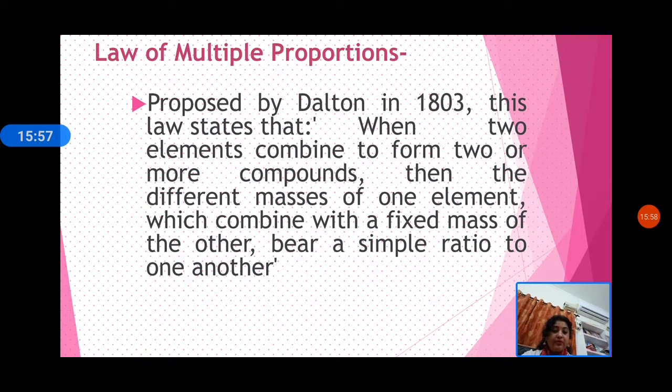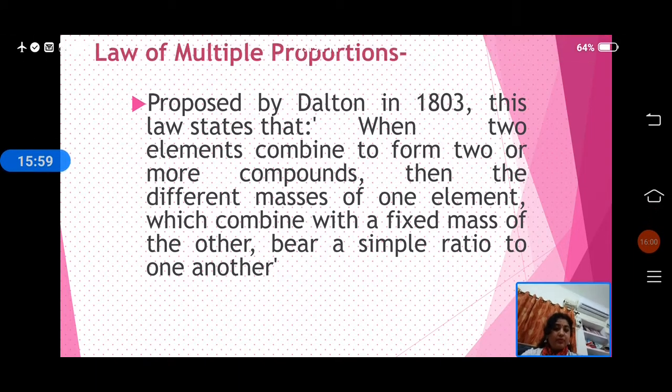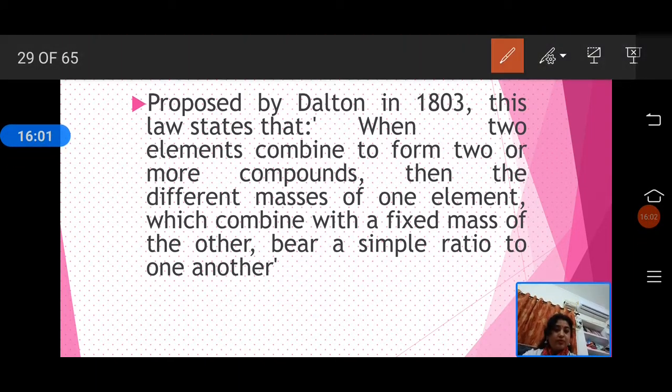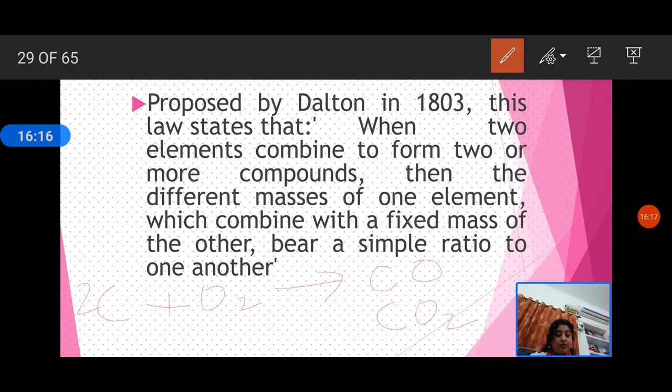Suppose carbon combines with oxygen. It can give carbon monoxide also and carbon dioxide also. If you see the ratio in carbon monoxide, you can say carbon 12, oxygen 16, 12 is to 16.